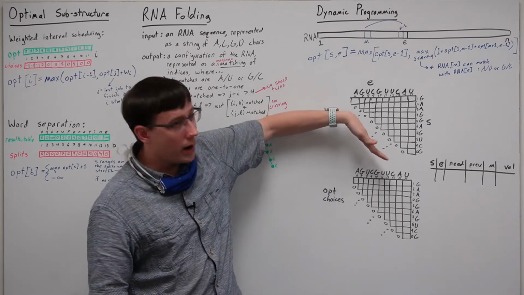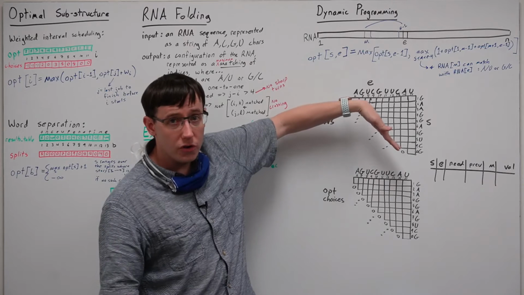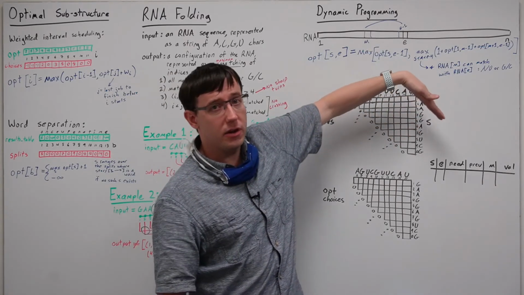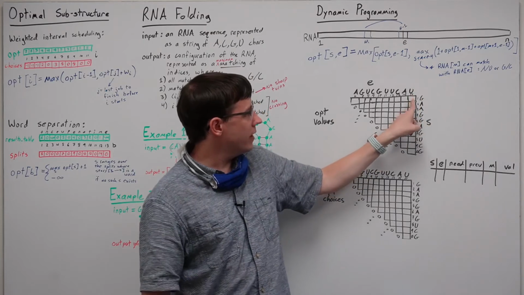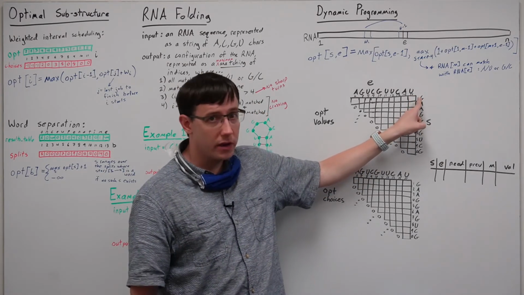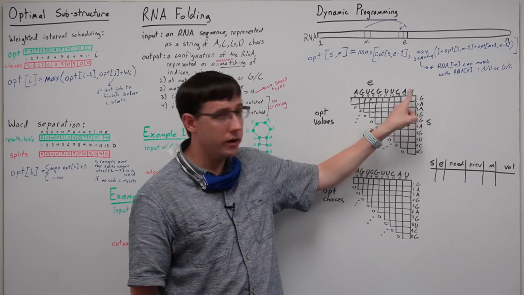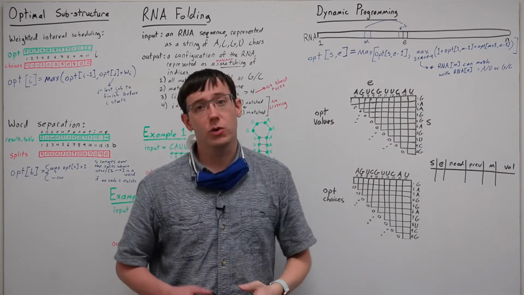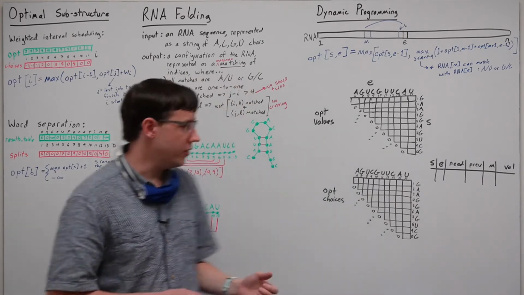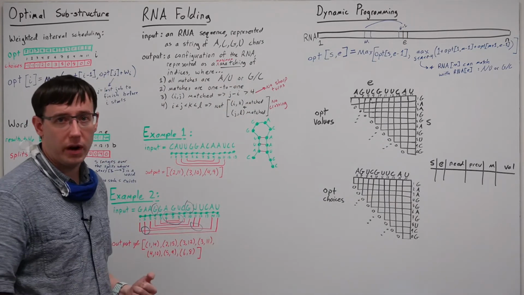Then, as we work our way up to larger subproblems, we will move up further diagonals of the table until we eventually reach the top right corner with the subproblem that goes from index 1 to 15, which will tell us the optimal number of pairs for the entire example string.